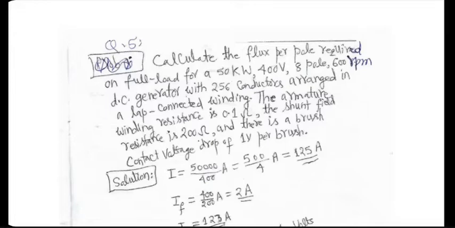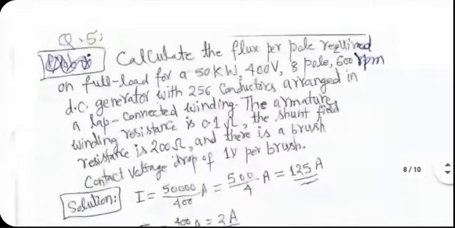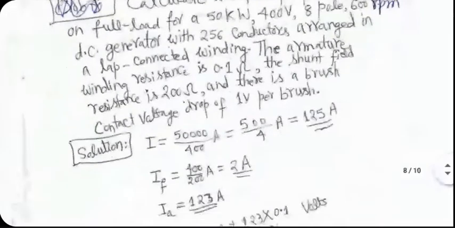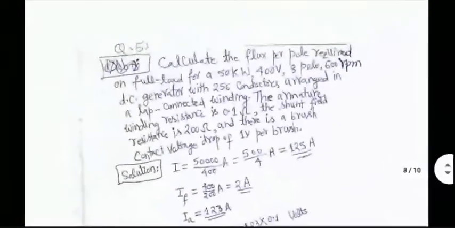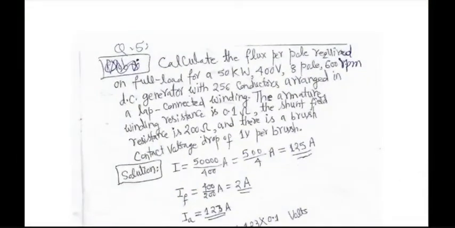Field current will be V divided by RF. V is 400 volt. RF is 200 ohm. So 400 volt divided by 200 ohm, that gives you IF, which is 2 amperes.